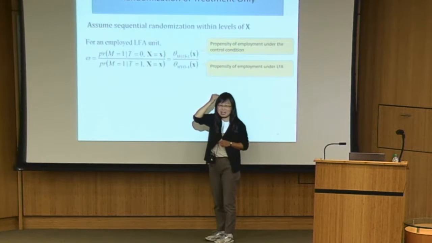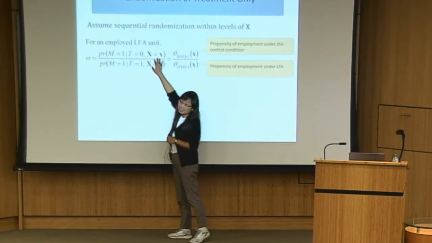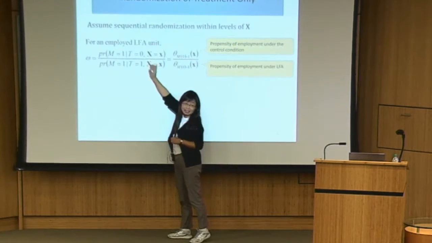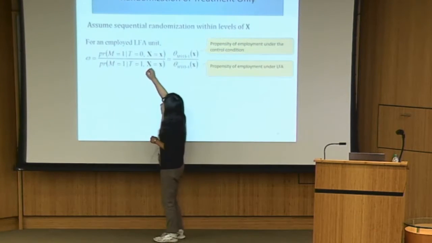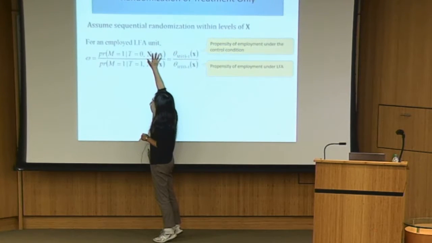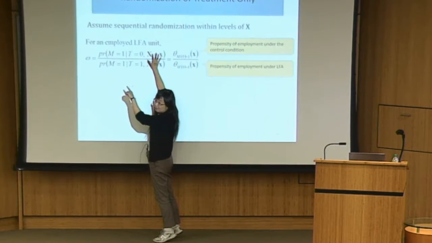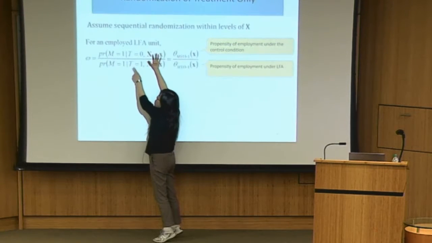It's a thought experiment for people who are identical in their covariates, right? Among the people who are identical in their background, we sequentially randomize them to treatment and then to mediator values. And then we apply this weight.